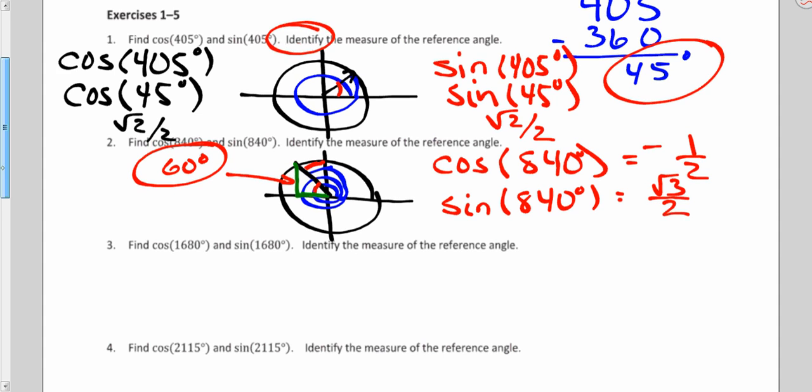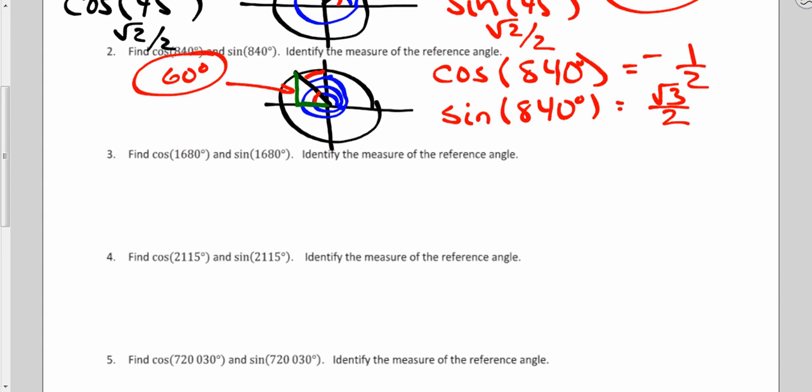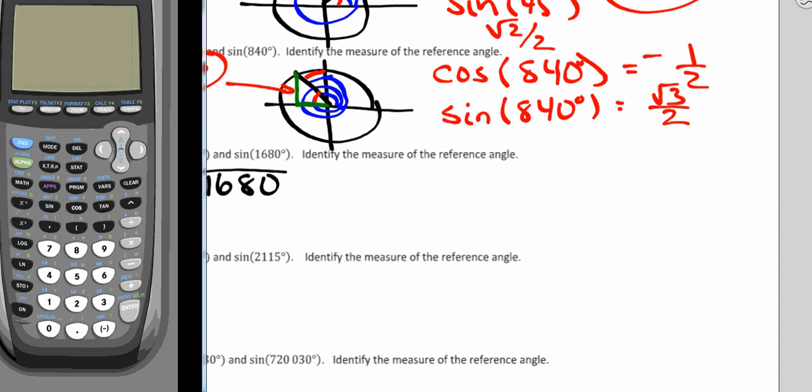Let's take 1680 and divide it by 360. Find out how many times around it goes. 1680 divided by 360 equals 4 2/3.